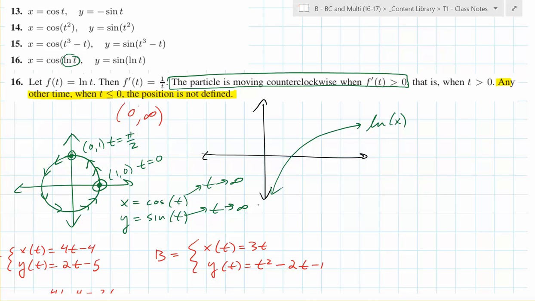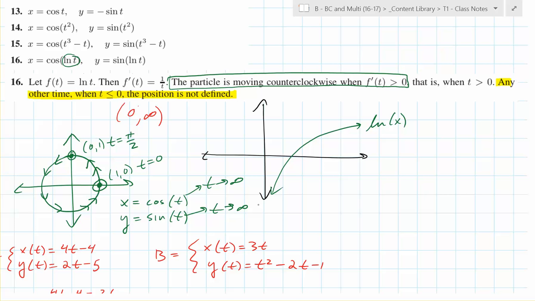So you're always plugging in a larger and larger value. As t gets bigger, this gets bigger, always. And as t gets bigger, it's always going counterclockwise. Because ln t is always getting bigger, this thing is always going counterclockwise.